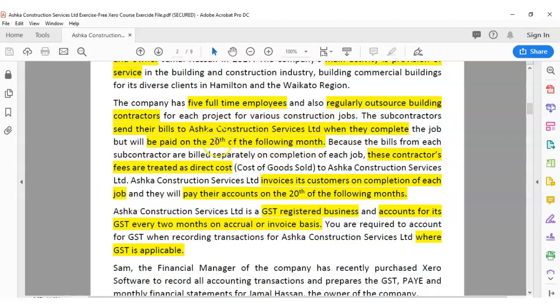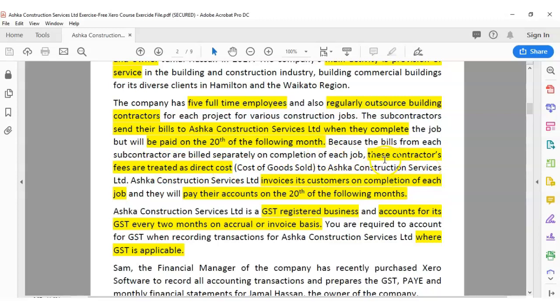What this means is that we need to put the terms of trade in Xero as the 20th of the following month. So every time we record a supplier bill, Xero will automatically put the due date for us. Because the bills from each subcontractor are billed separately on completion of each job, these subcontractor fees are treated as direct cost of goods sold to Ashka Construction Services Limited.